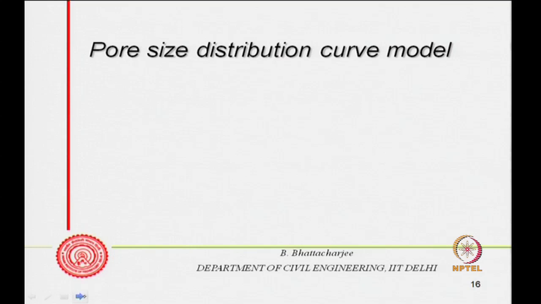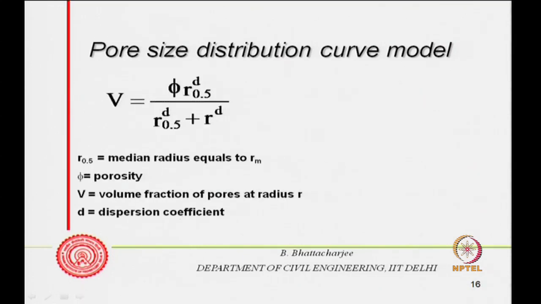So I can express this: the median radius R 0.5 equals R m, which is called the mean distribution radius. B is the volume fraction of pores at radius R, this is some dispersion coefficient, and this is overall porosity.